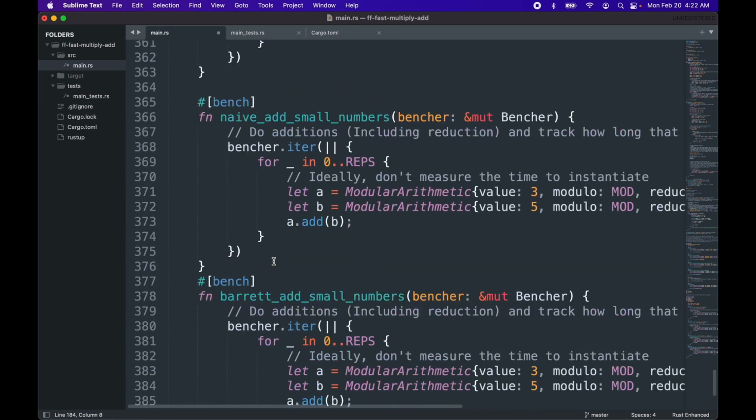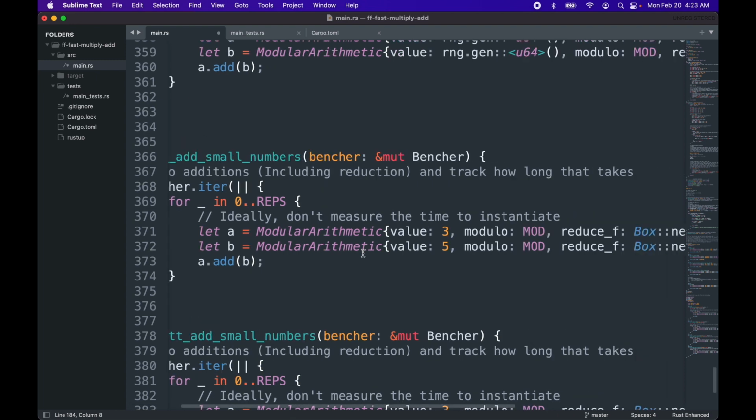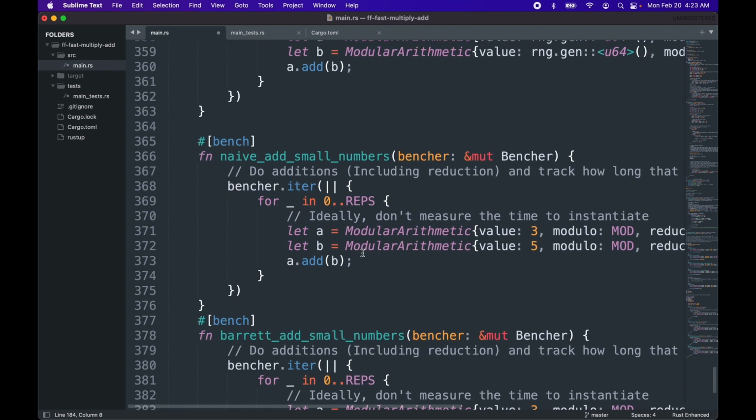Each iteration doesn't get to see other iterations, so it's not that some effect is accumulating.